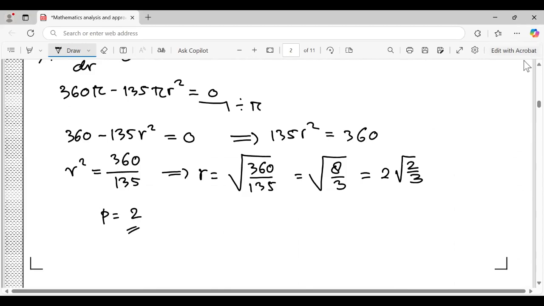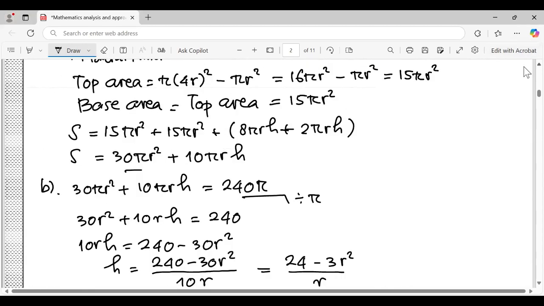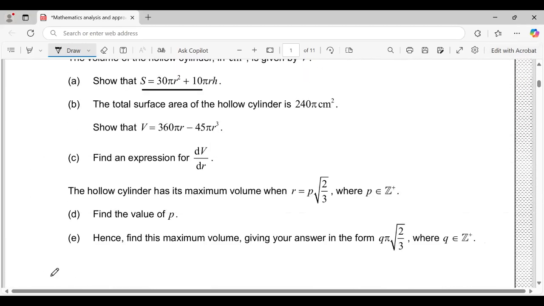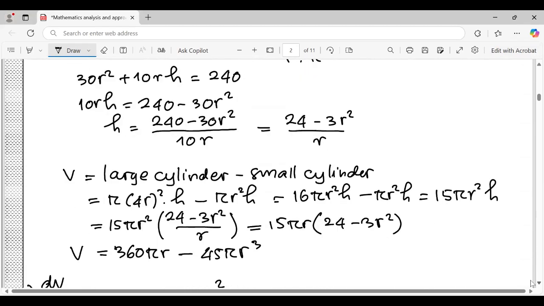Next question. Hence, find this maximum volume, giving your answer in the form Q pi square root 2/3, where Q is an integer.